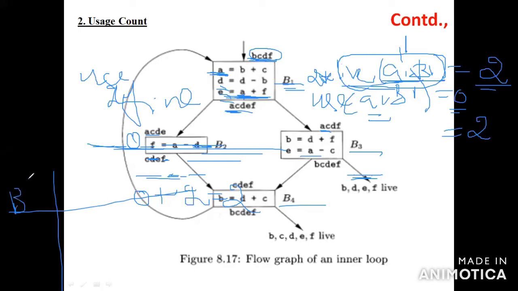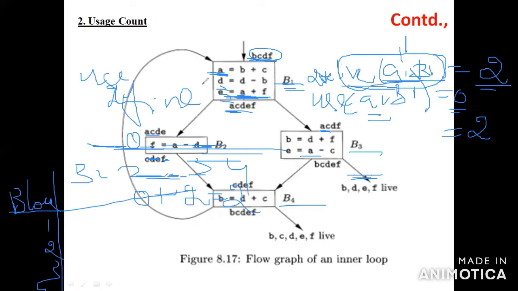In that, you have block 1, block 2, block 3, block 4. You are writing for 4 blocks. So in that basic block, you are using use and live. Otherwise, you can write basic block 1, basic block 2, basic block 3, basic block 4.